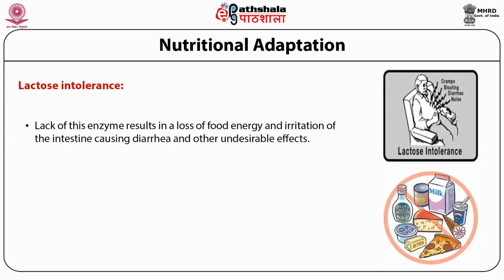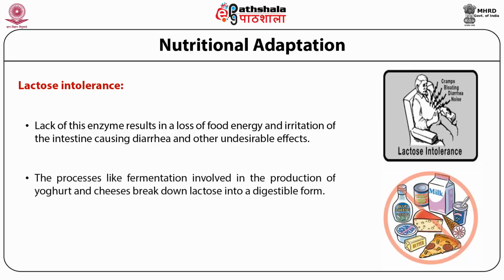Lack of this enzyme results in the loss of food energy and irritation of the intestine, causing diarrhea and other undesirable effects. Infants and young children in all populations have this enzyme, but in many groups this enzyme disappears in older children, producing lactose intolerant adults.